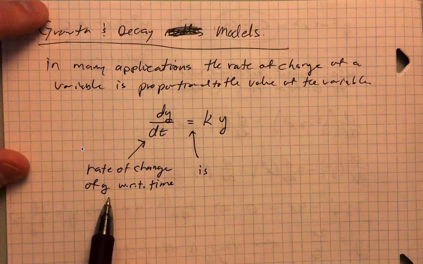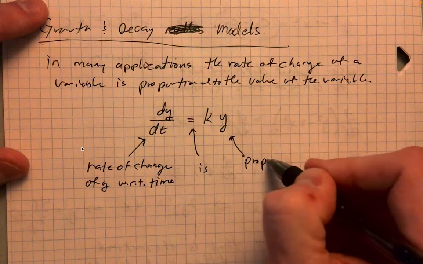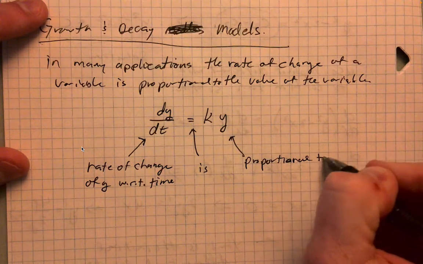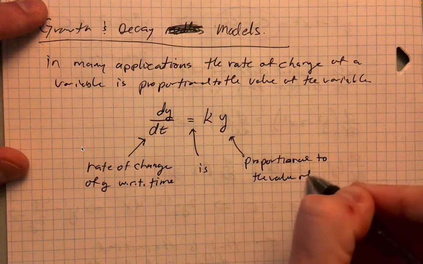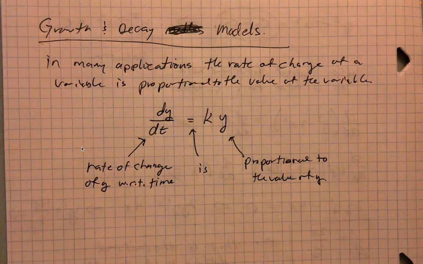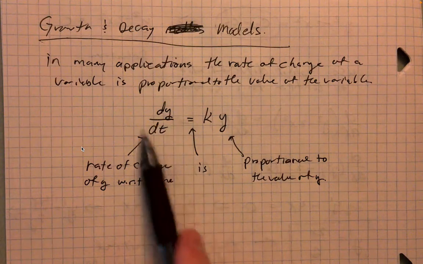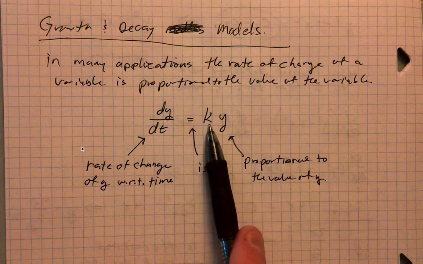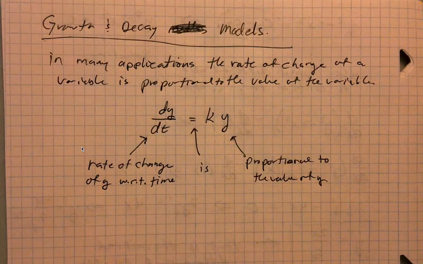The rate of change of y with respect to time is, and then this piece over here is proportional to the value of y. So you've got the rate of change of y with respect to time equals k, being some constant, and y being the variable. So the rate of change of y with respect to time is proportional to the value of y.